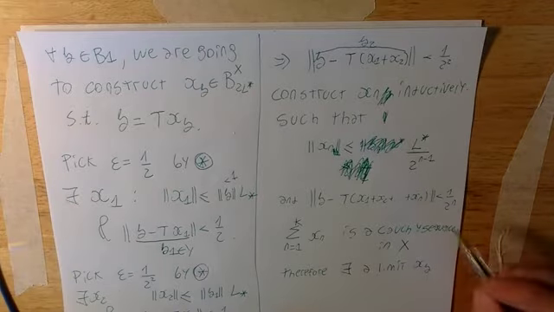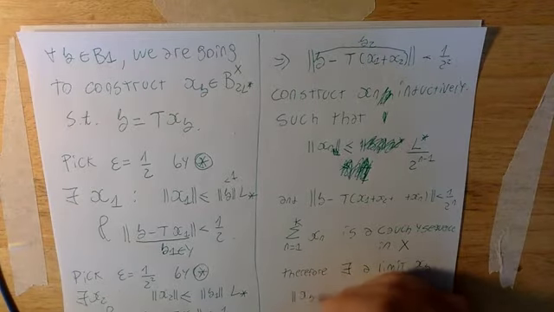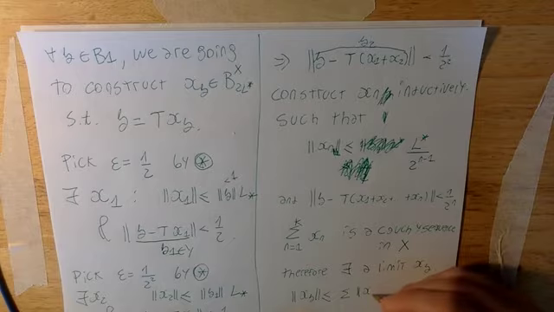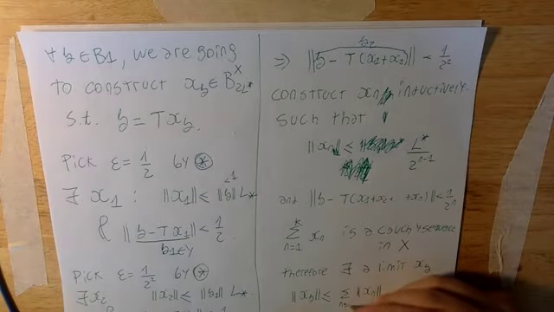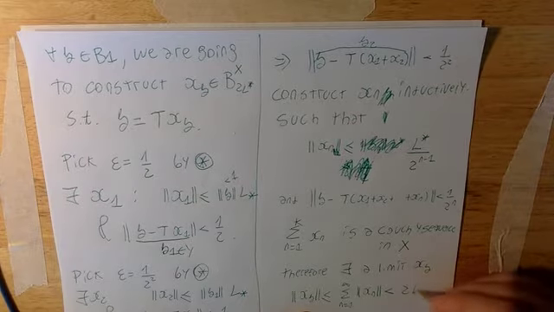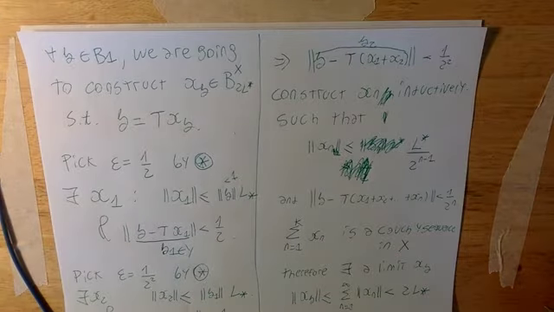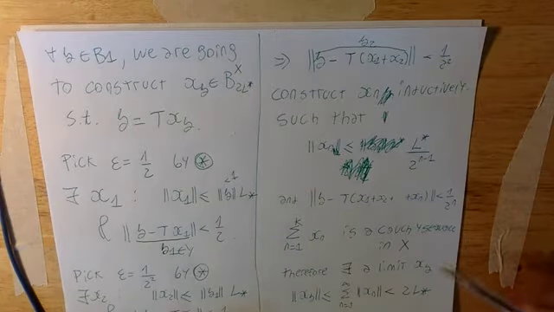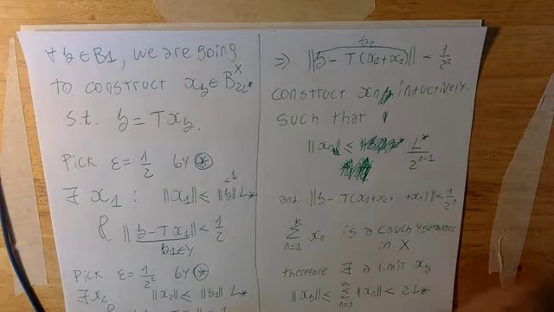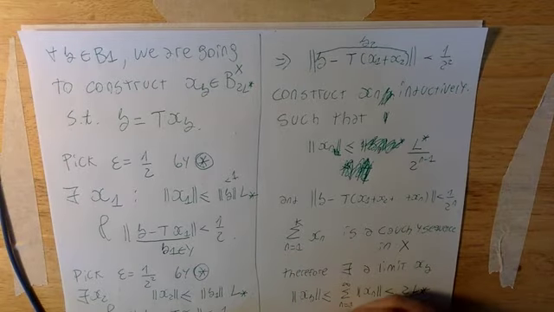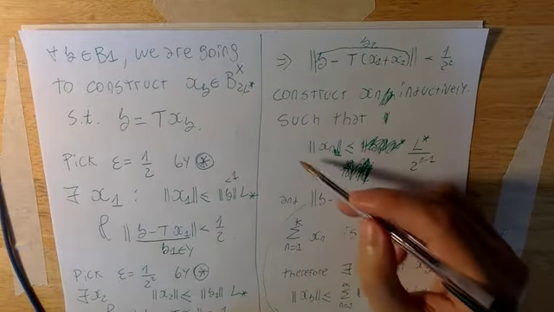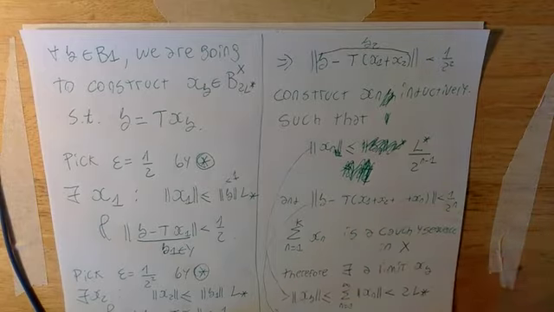Now, the norm of x_y is less or equal than the sum of the norms of xn, n equals 1 up to infinity, which is less than 2L star. Therefore, y is equal to T of x_y. This is by this property here, and this other part is by this property here.